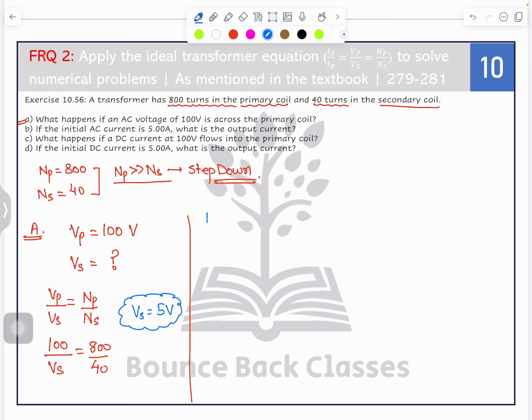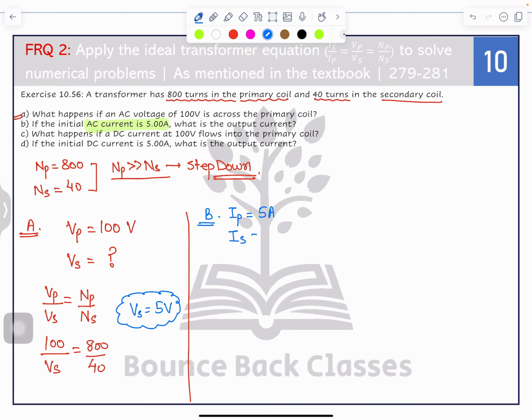Okay. Now part number B. If the initial AC current, okay guys, now remember in terms of current, we know it is inversely proportional. Initial current means IP, primary current is 5 ampere. What is the output current? What we are looking for? IS. Yes or no? And we know I is inversely proportional to N. So if I say IP divided by IS, it should be NS divided by NP.